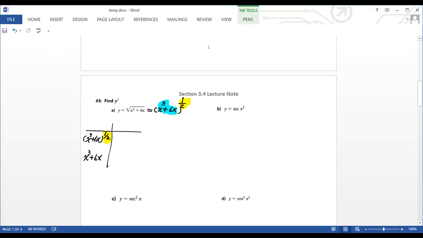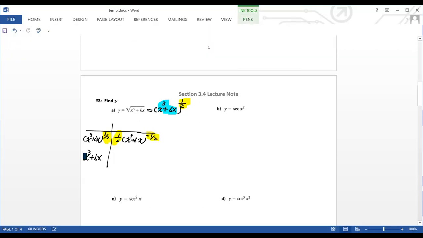If you use the power rule, what is the derivative here? You will say it's 1/2, then whatever is inside the parentheses, x cubed plus 6x. What is the exponent? It's 1/2 minus 1, so it's negative 1/2, right? So this is your first layer. You use the power rule to take the derivative.